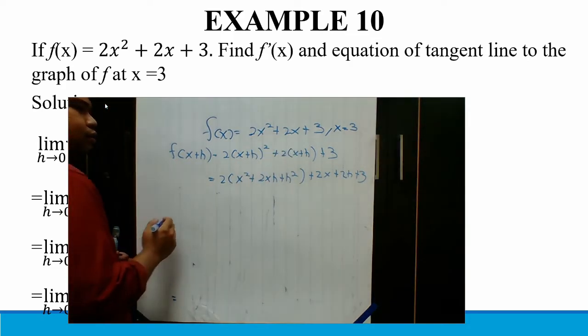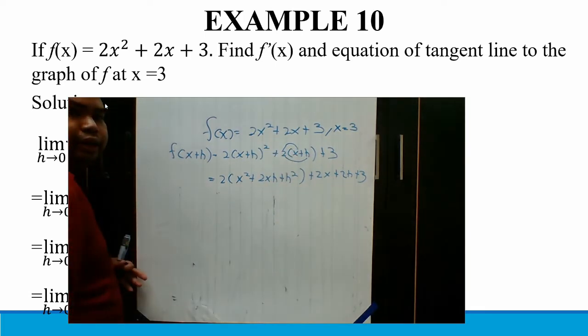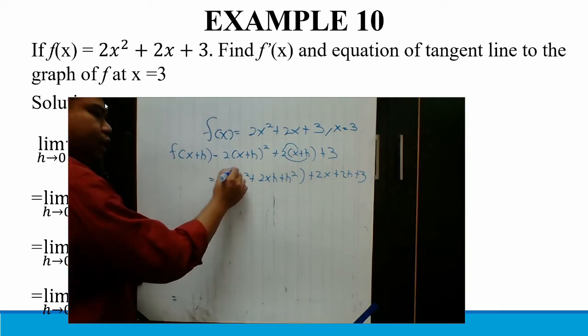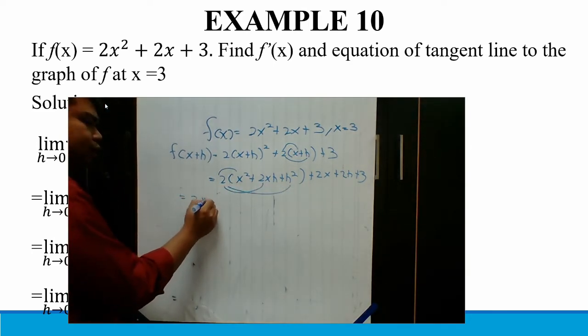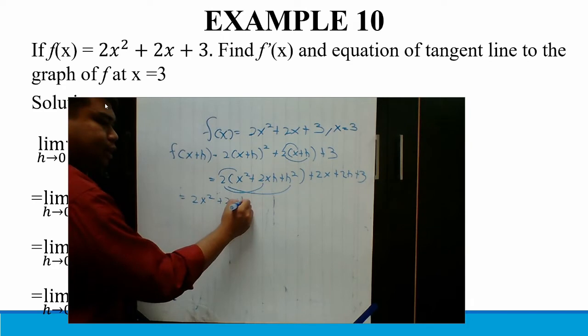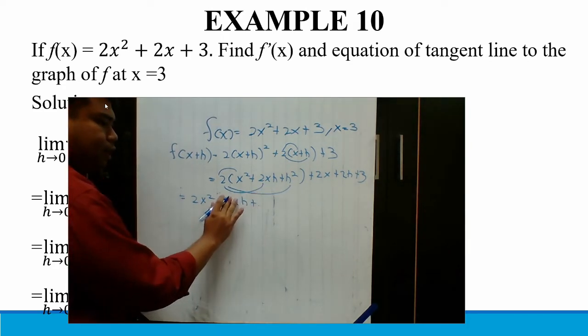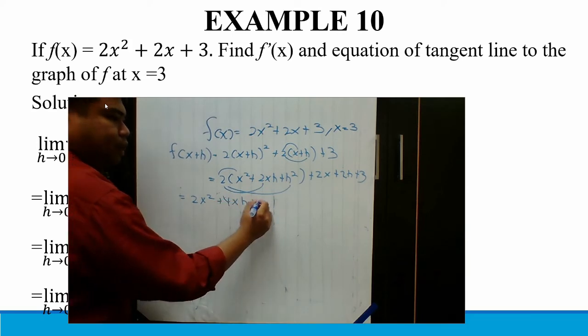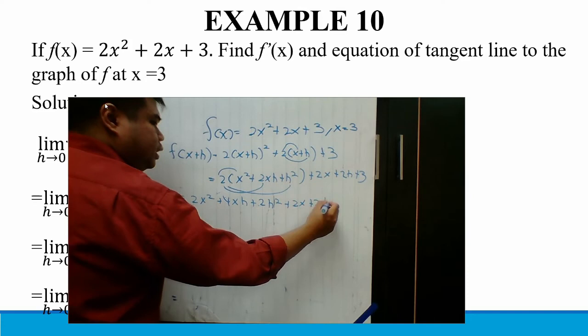And again, I multiply inside, it becomes 2x squared plus 4xh plus 2h squared plus 2x plus 2h plus 3.